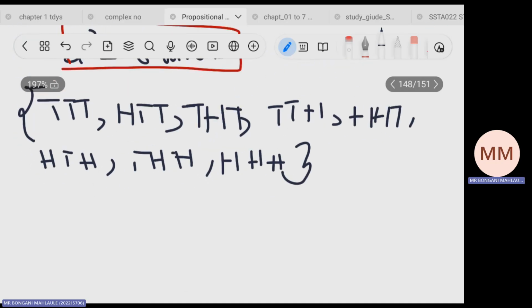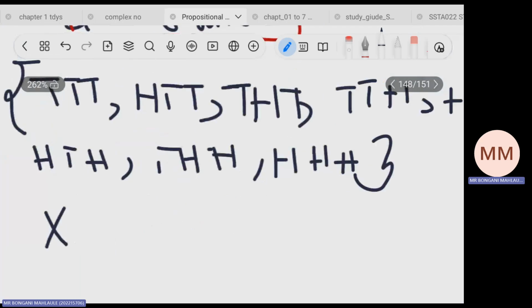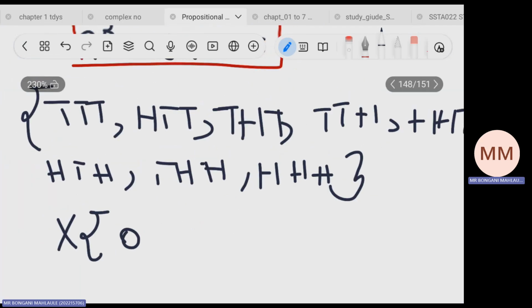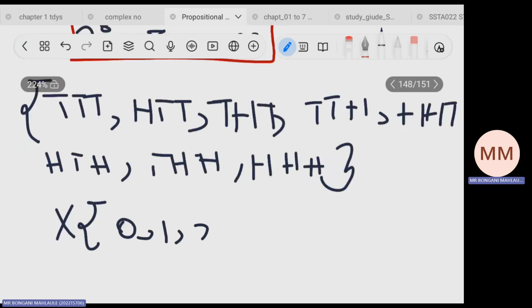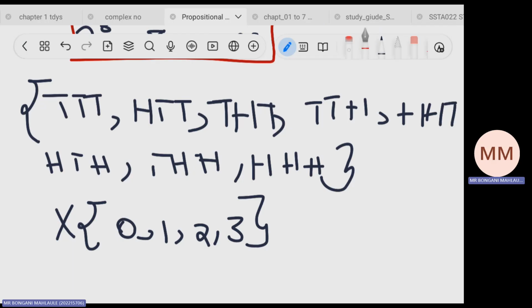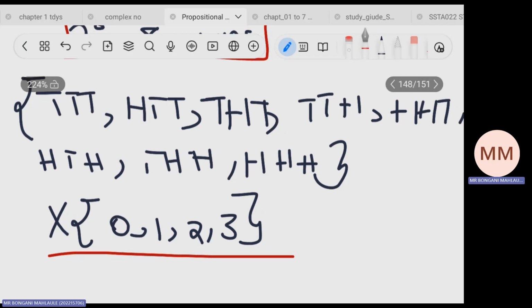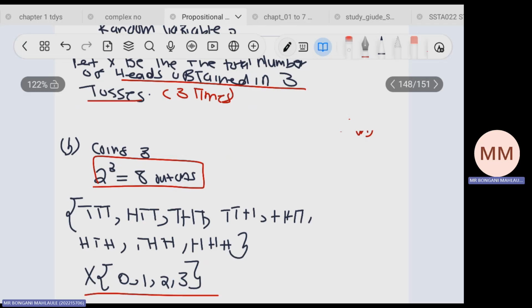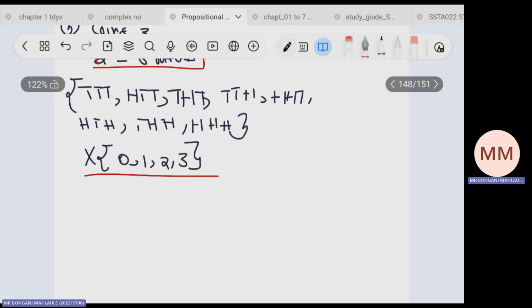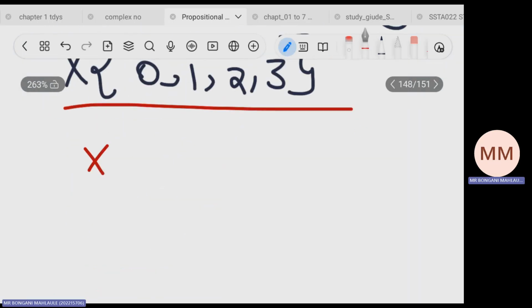So we'll know that x will take, before I go to letter C, you can either have 0 heads or 1 head or 2 heads or 3 heads. So these are the possible outcomes. Okay, then we can write it in a tabular form.